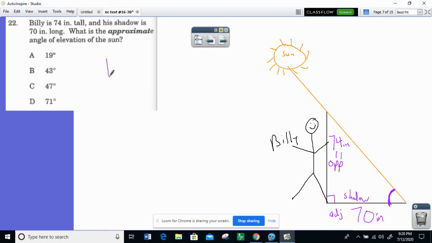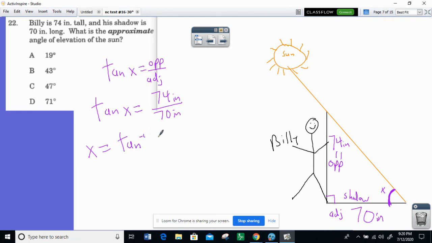And so we want to remember that the tangent of this angle equals the opposite leg divided by the adjacent leg. And that's telling us that the tangent of this angle x is 74 inches over 70 inches, which means if we want to find that angle, we just need to do the inverse tangent of 74 over 70.